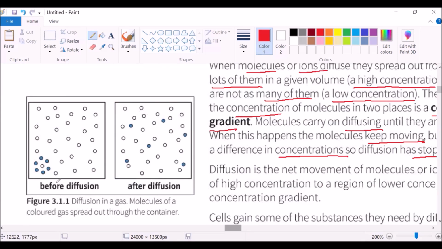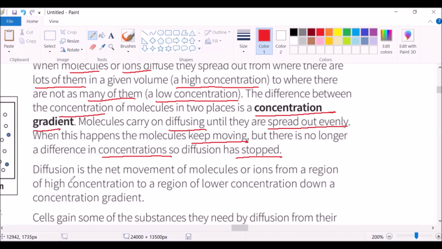For diffusion in gases, the molecules of a colored gas will spread throughout the gas until they are evenly distributed, filling up all the space available. For definition, diffusion is the movement of molecules or ions from a region of high concentration to a region of lower concentration down a concentration gradient.